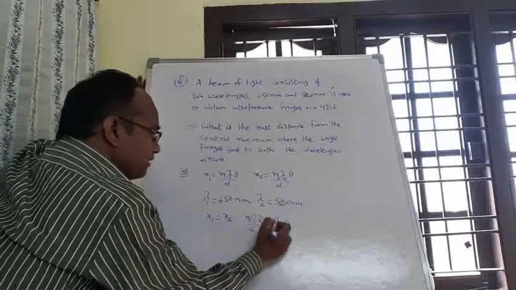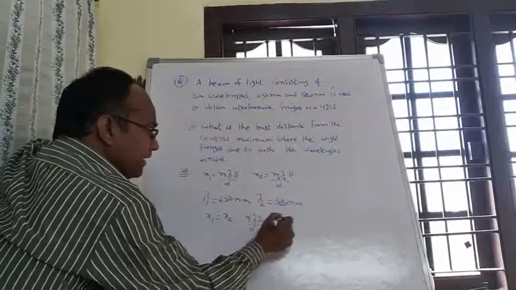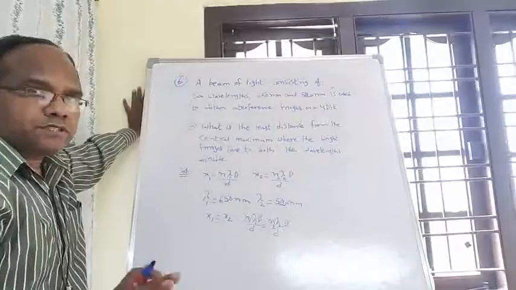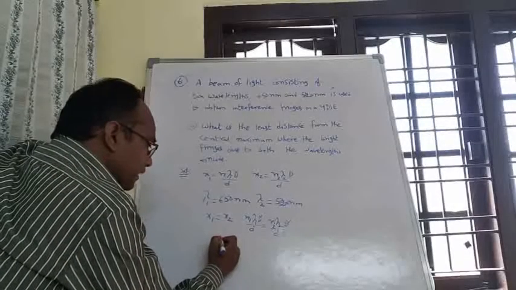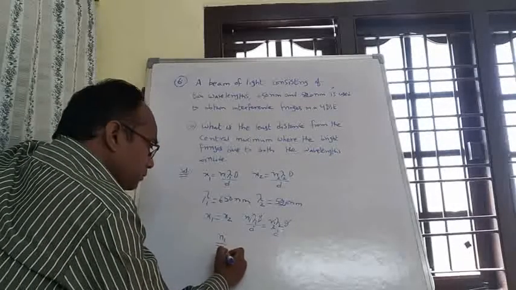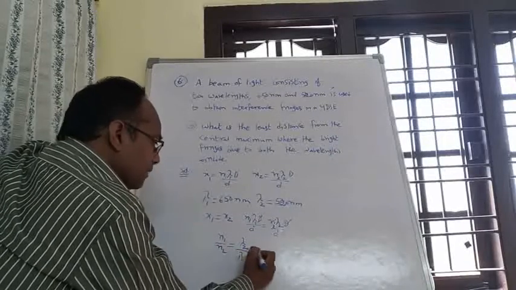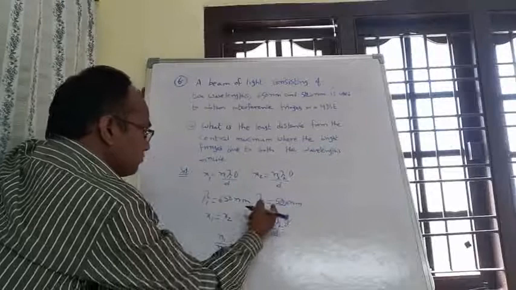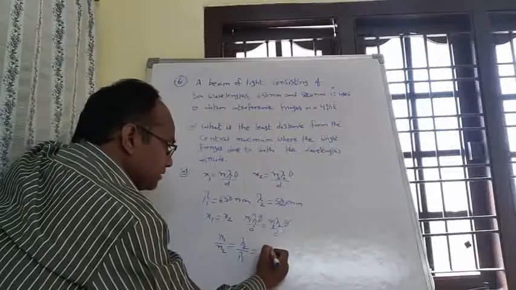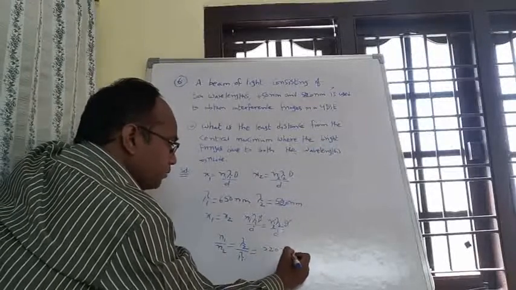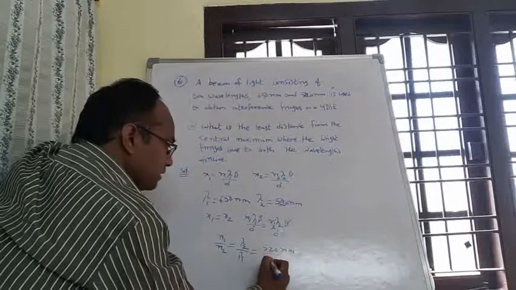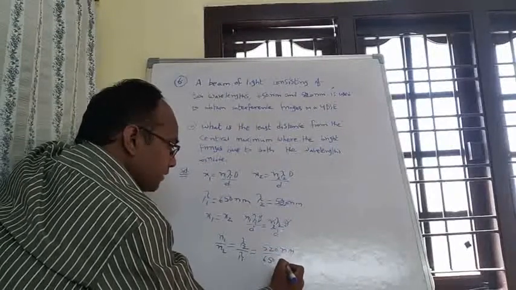D and d are not given, so they cancel. So n1 by n2 is equal to lambda 2 divided by lambda 1. Lambda 2 is 520 nanometer divided by 650 nanometer.